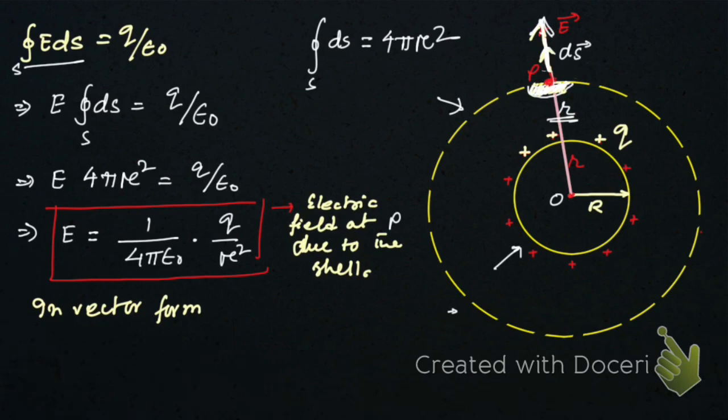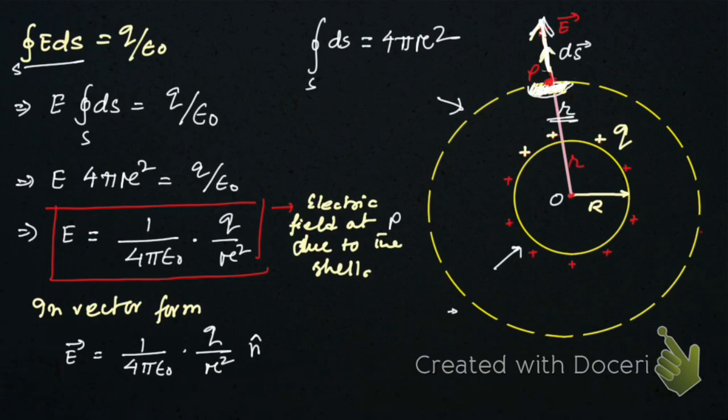Now if you want to write in vector form, then you can write vector E is equal to 1 by 4 pi epsilon naught q by r square n cap.